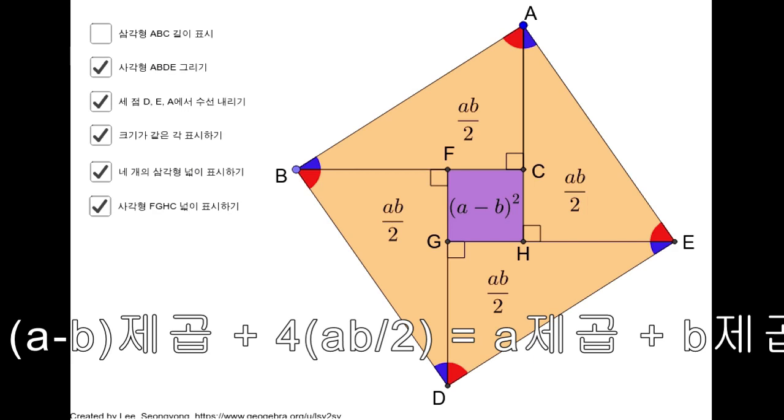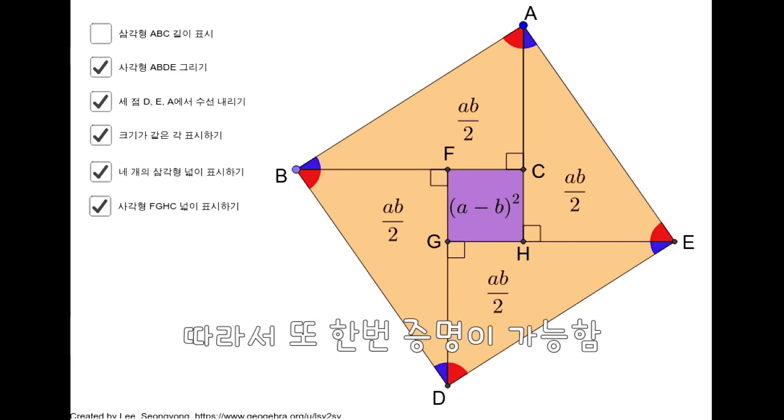Each right triangle, just like in Pythagoras' method, is ab over 2. So if you add up 2ab and (a minus b) squared, you get a squared plus b squared. I mentioned earlier that the square is identical to c squared. Now we can note that the theorem is proved one more time.